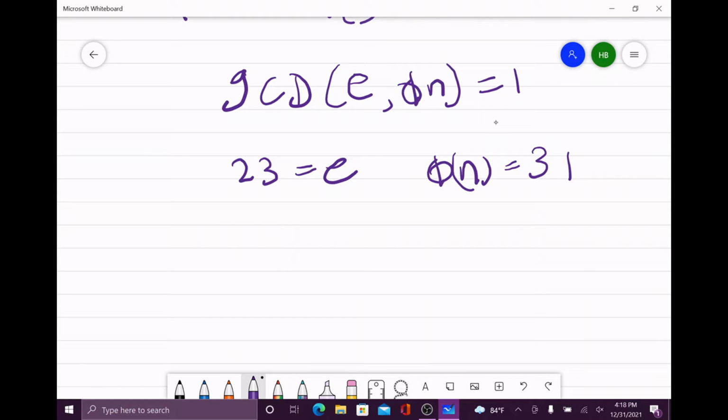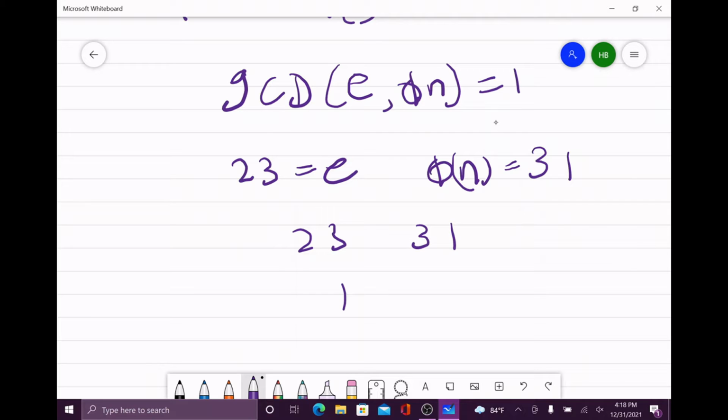The GCD equal to 1 means 23 and 31, the only value that divides both of these numbers evenly is 1. For this example, it can be different from other examples. These things will make a lot more sense when we consider examples.